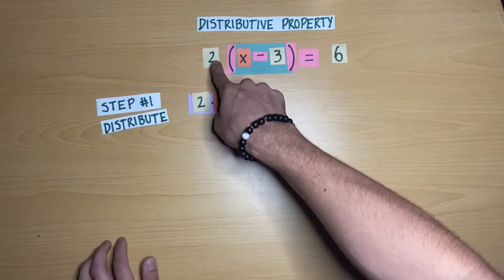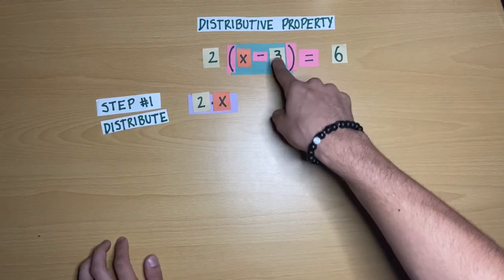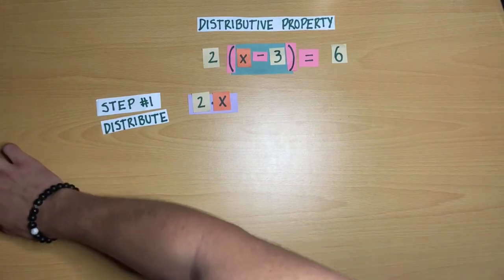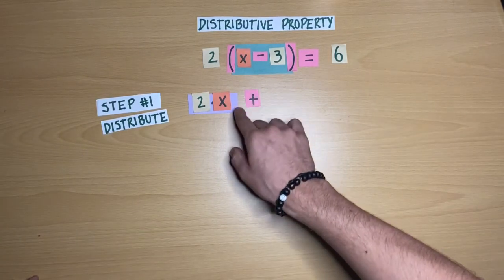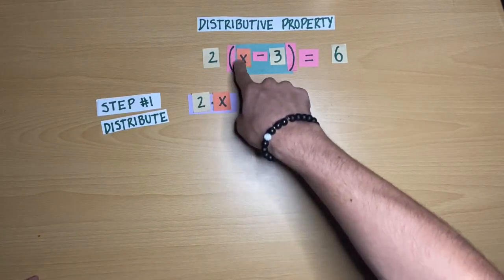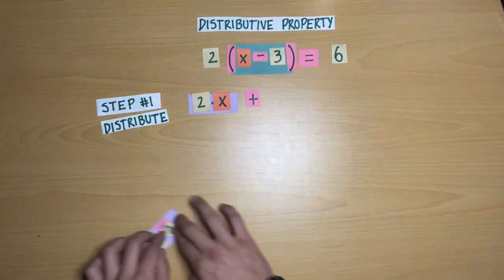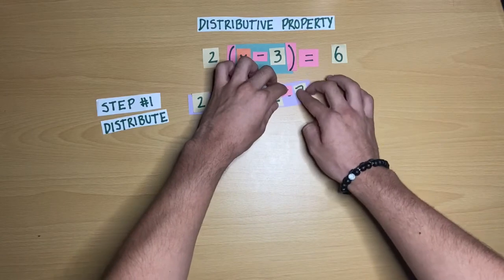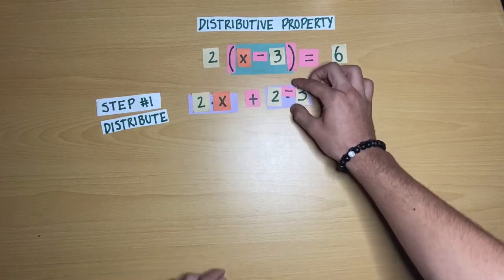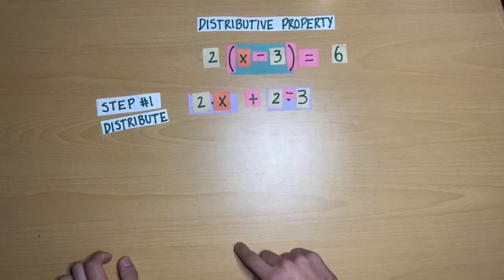And then now we want to take the 2 and go with the -3. So for each term, we get 2x, and then we add whatever this is, 2 times -3. That is very important that you remember that sign.